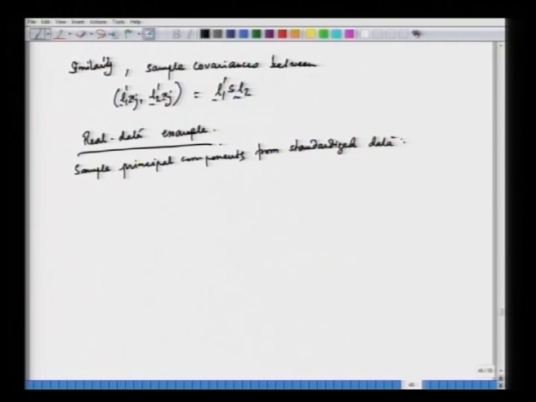So the best thing here will be to consider standardized variables, so that we calculate eigenvalues not from the sample variance covariance matrix, but from the sample correlation matrix. That is what we are going to do here. We are calculating sample principal components from standardized data, and the data in this example are the weekly rates of return from 5 stocks.